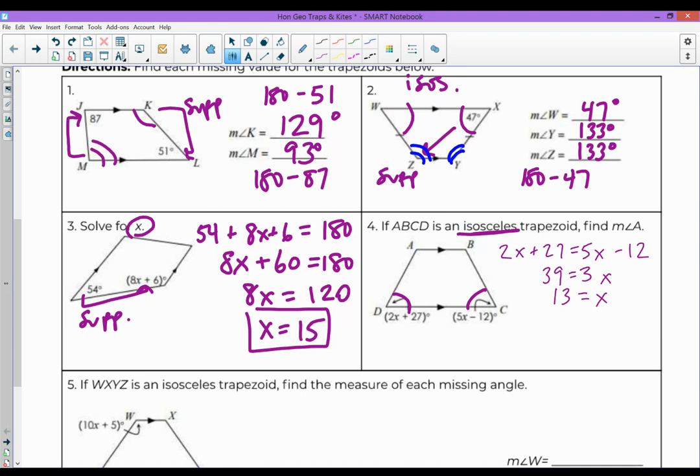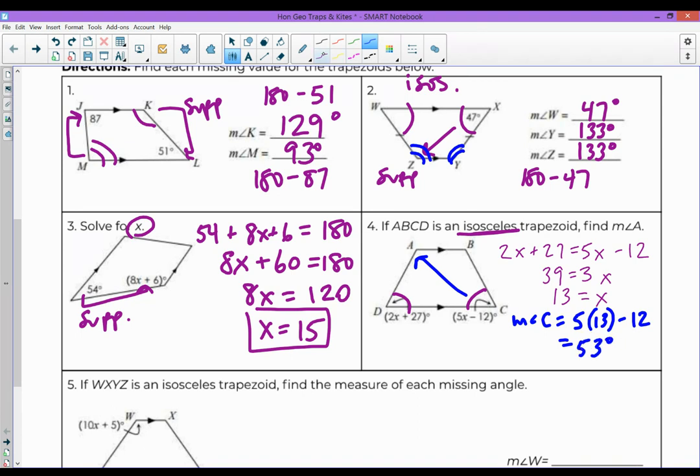And I want to find the measure of angle A. So that's opposite from angle C. So first I have to find the measure of angle C. So that'll be 5 times 13 minus 12, which is 53 degrees.